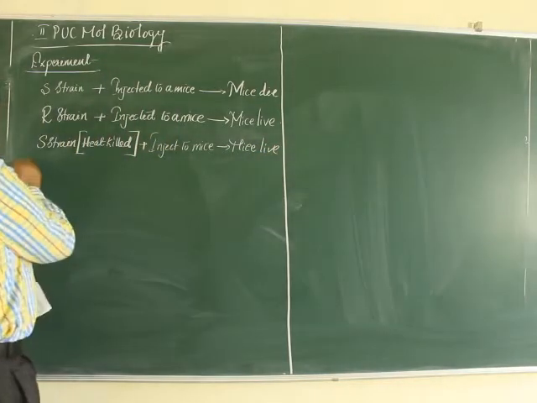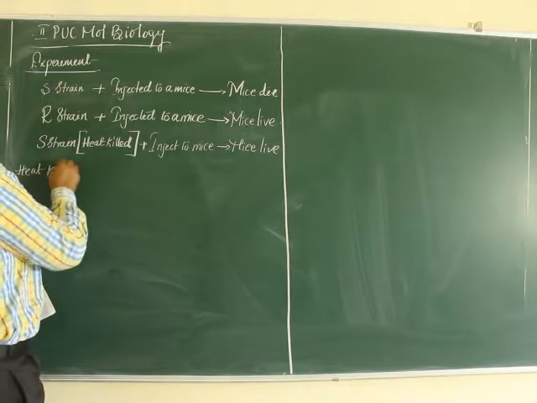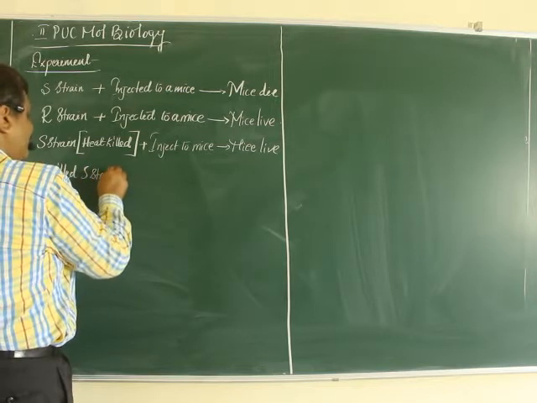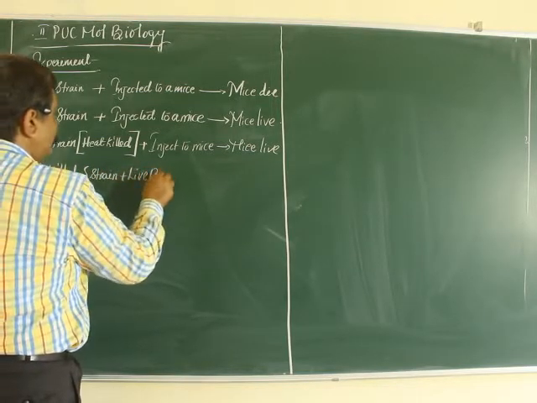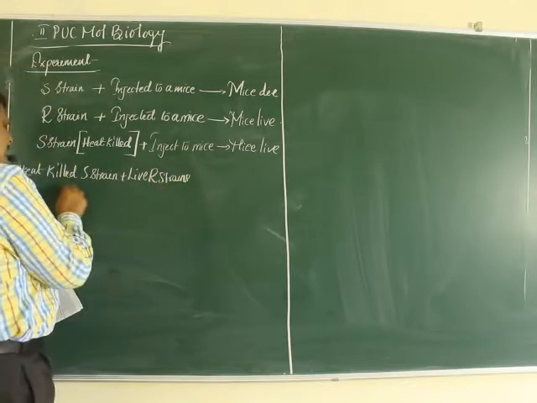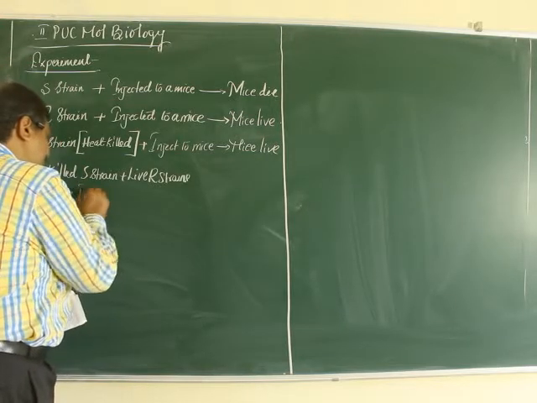Then he took a mixture of heat killed S strain and live R strain, mixed the two bacteria, and injected it into the mouse.